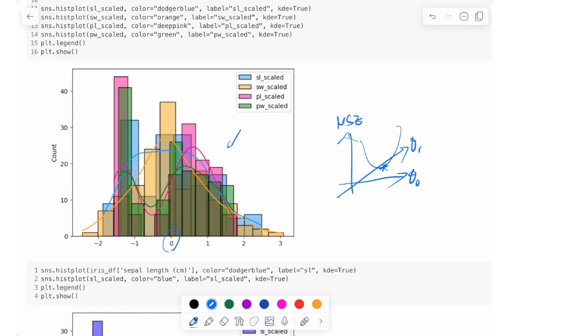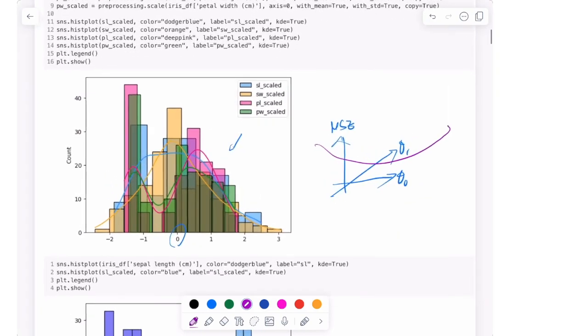If the range of different features is quite different, okay, some ranges are smaller and some ranges are very, very large, the basin would become very strange. Okay, so that is one of the reasons we like to normalize data before we apply any algorithm.